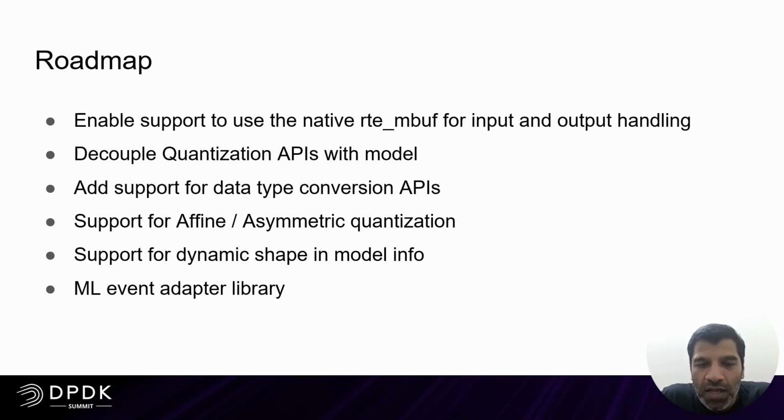As part of the new data type conversion APIs, we would like to enable support for affine or asymmetric quantization also. Along with this, as an enhancement to the model info, we'd like to add support for dynamic shape in the model info structure. And we would also like to add a specification for an ML event adapter library, which would enable integration of the ML devices with the event devices.